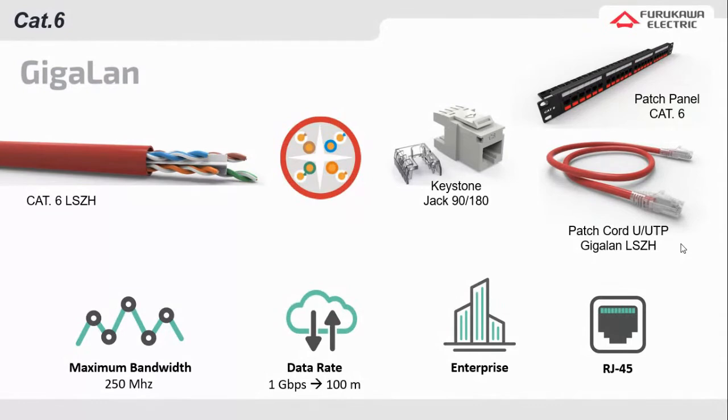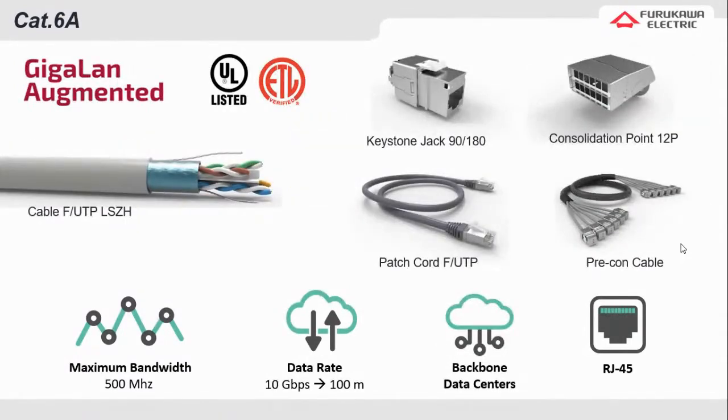Then we have GigaLAN Augmented, which is Furukawa's CAT.6A solution. Data rate now reaches 10 gigabits per second, again in distances of up to 100 meters, making CAT.6A the best choice for backbone cabling and data centers, as long as we are going for copper wiring, of course.